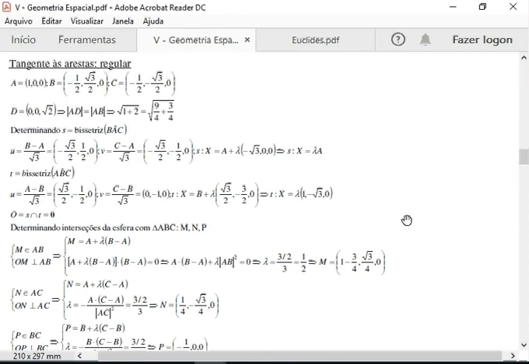We're going to use that bisecting line to find the sphere tangent to the edges of a regular triangle.